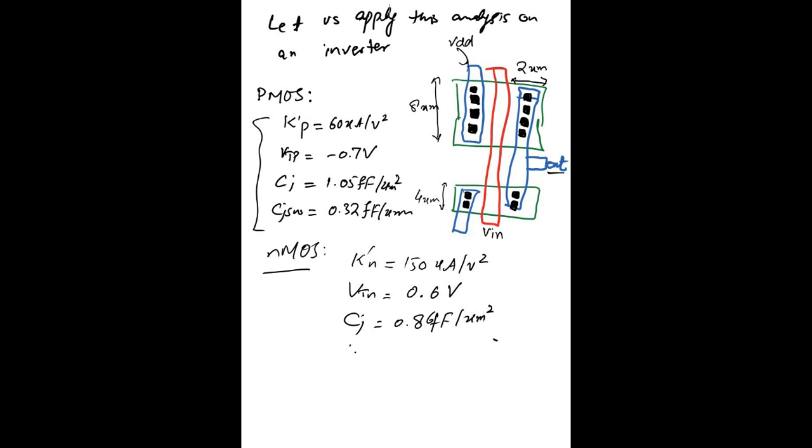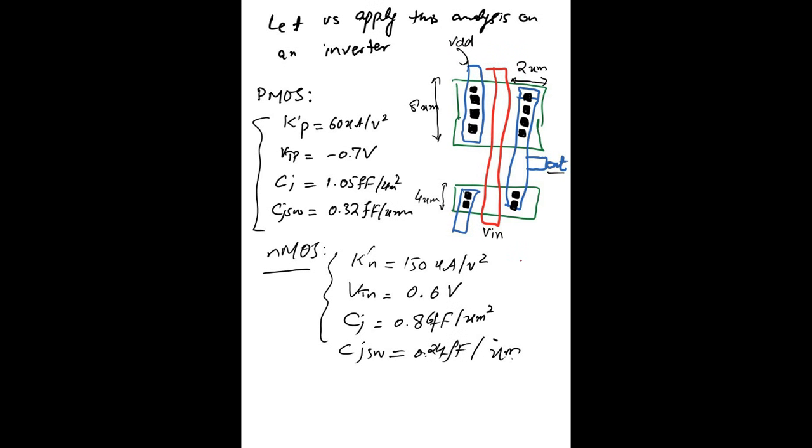And then we have CJSW, which is equal to 0.24 femtofarad per micrometer. So these quantities are for our NMOS, and the earlier ones are for our PMOS.